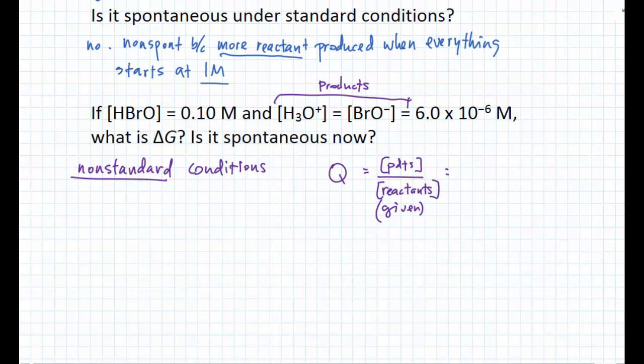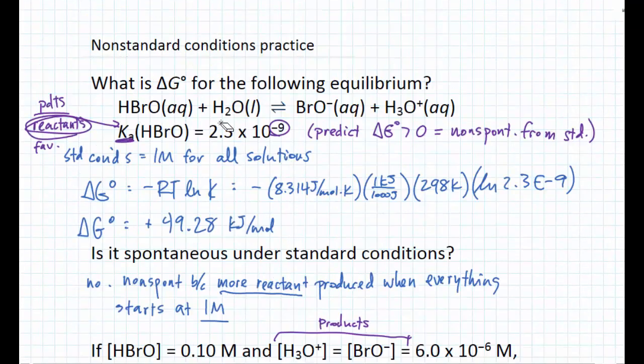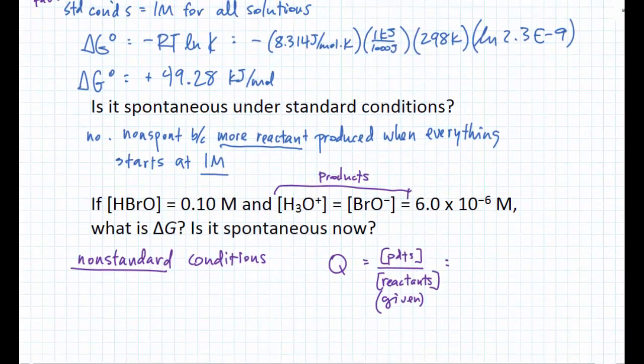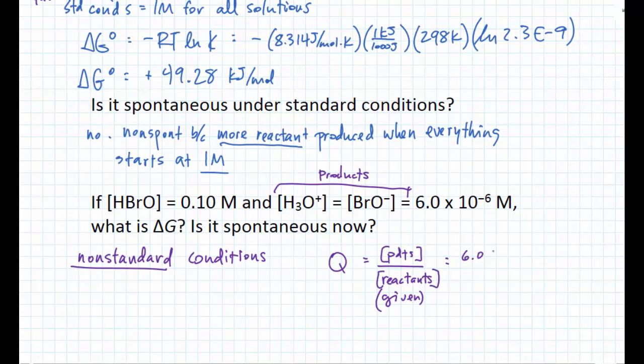That's what it said up above, that we had HBrO and water making those two products. So 6.0 times 10 to the minus 6, and we'll have that for hydronium and for BrO minus.